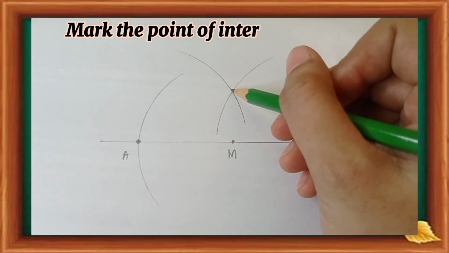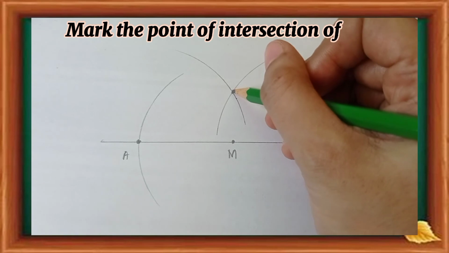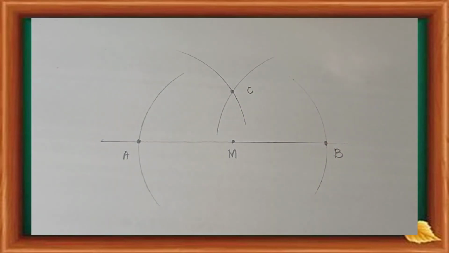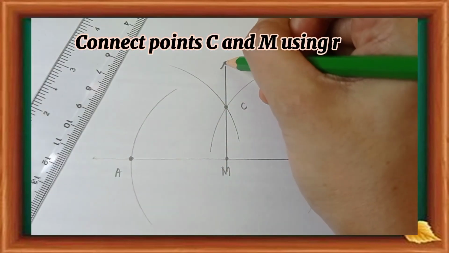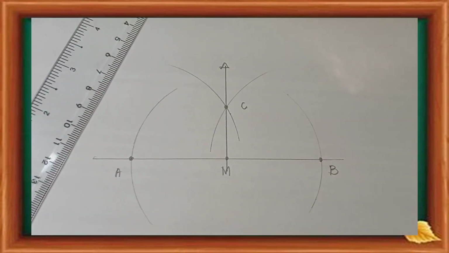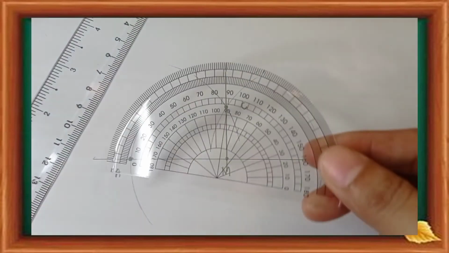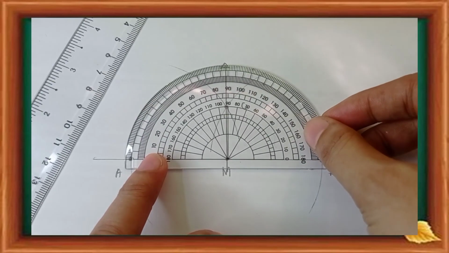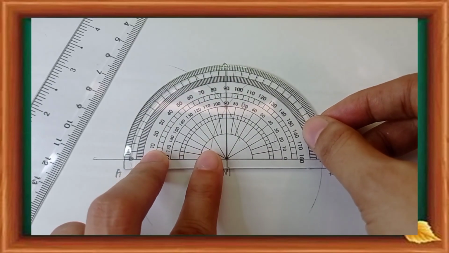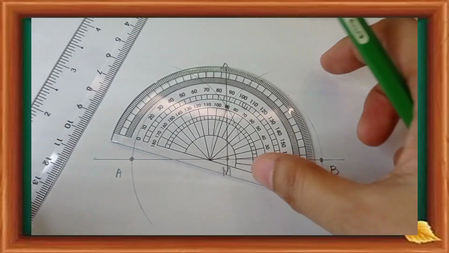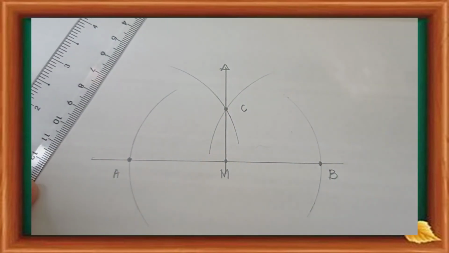Let us name this point C. This time, let us connect the points. We form perpendicular lines, which means the measure must be 90 degrees. Let us see if it measures 90 degrees. Okay, 90. So, we have perpendicular lines.